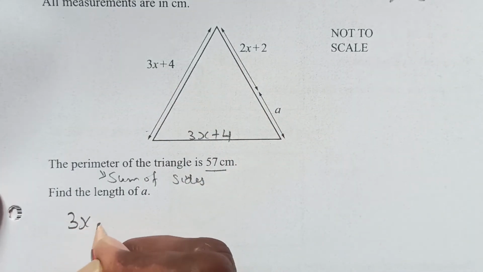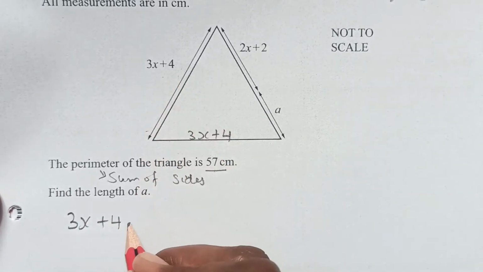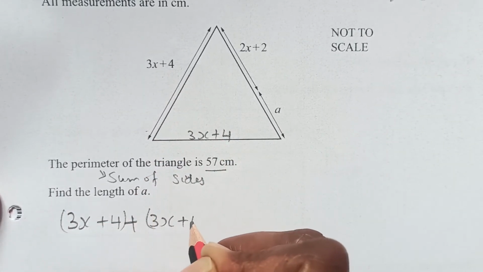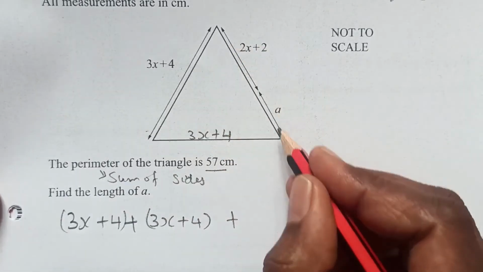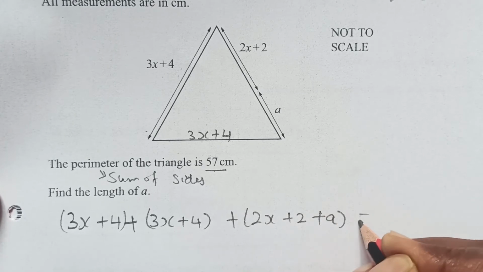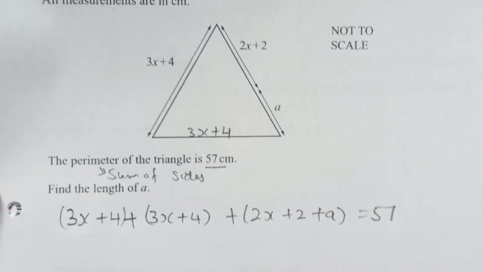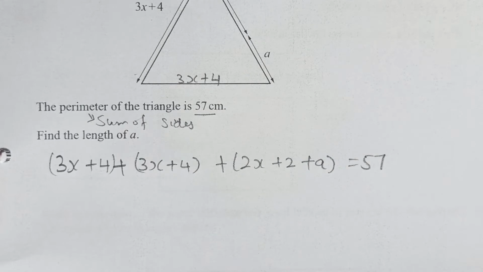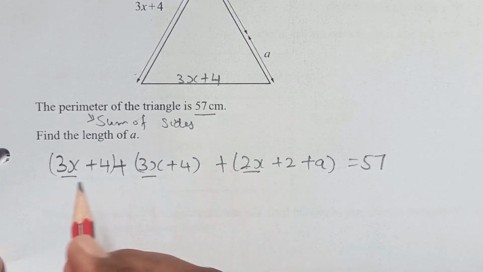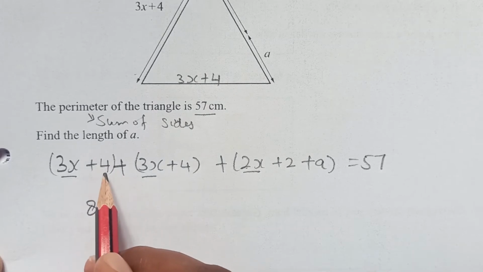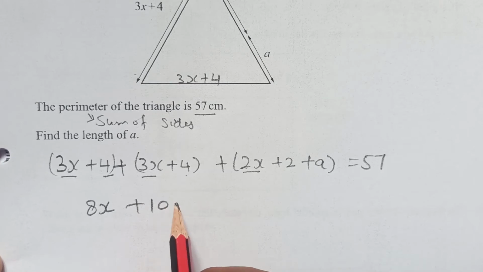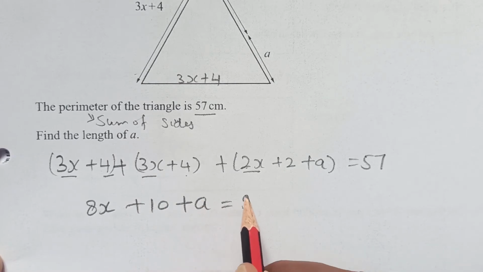So 3x plus 4 this side, plus again 3x plus 4, then plus this together 2x plus 2 plus a is equal to 57, right? Now we will combine like terms here. 3x plus 3x is 6x, plus 2x is 8x. Then 4 plus 4 is 8, plus 2 is 10, plus a equals 57.